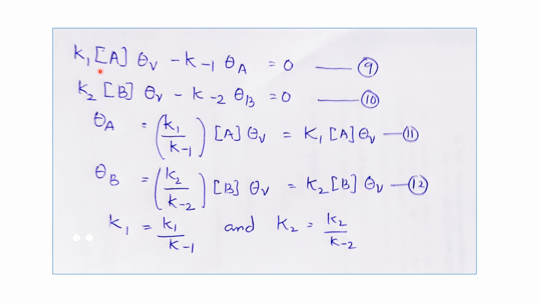Consider a case when K3 is very small, so that equations 2 and 3 become K1 into A into theta v minus K inverse 1 into theta a equal to 0. K2 into B into theta v minus K inverse 2 into theta b equal to 0. Here the common factor Cs cancels out.